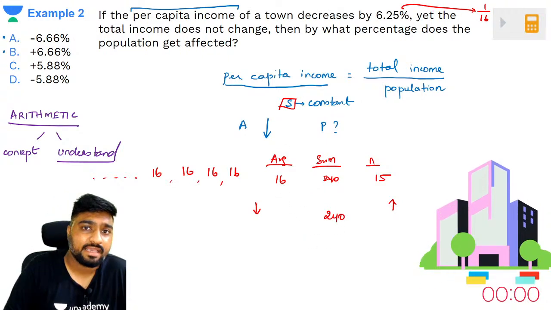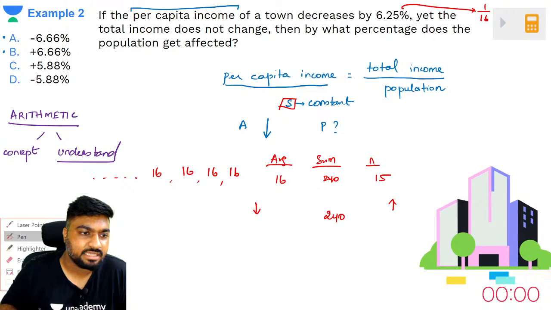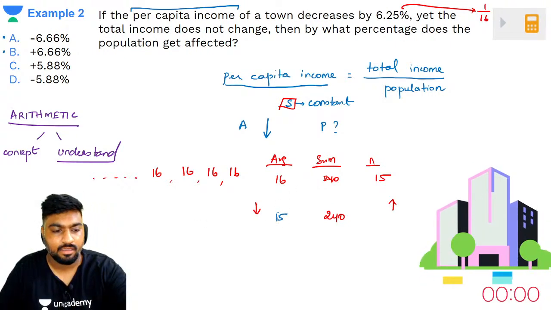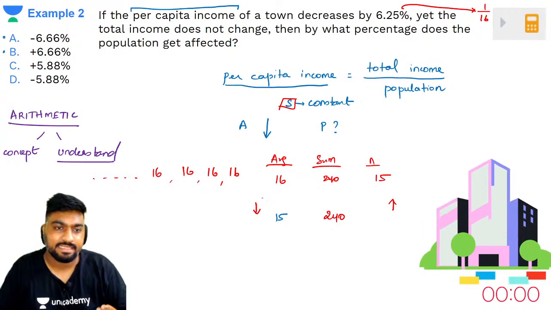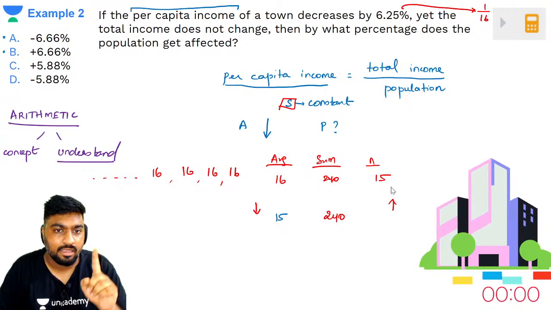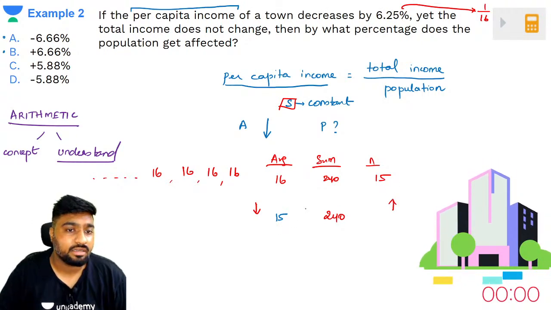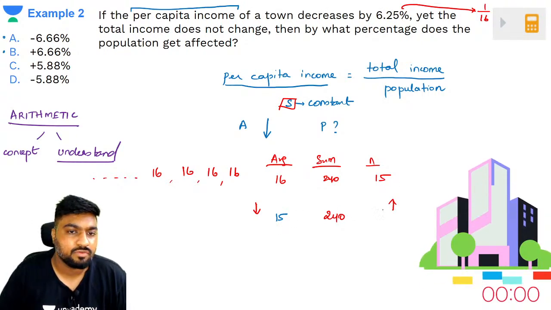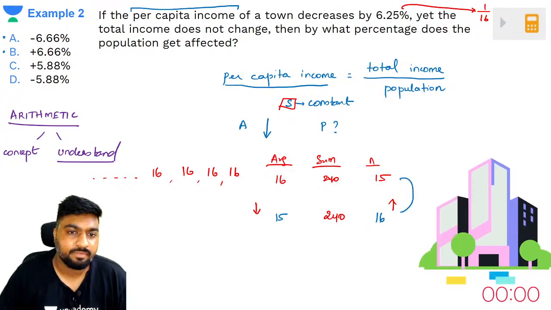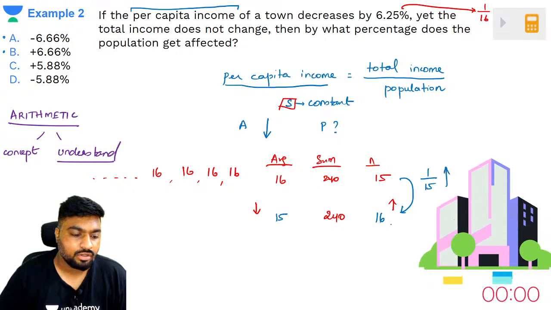Average decreases by 1 by 16. So if the new average becomes 15, decreasing by 1 by 16, 16 by 16 is 1. If I decrease 1, average is 15. The number of terms will become what? 15 into what will give me 240? 16. Correct? So by how much did the number of people increase? 1 by 15 increase. Do you agree with this?